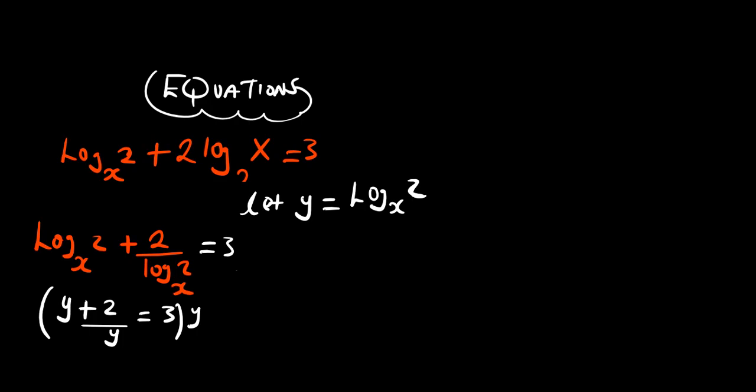Okay, so when I multiply by y throughout, y multiplied by y, I'm going to have y squared. Then when the y multiplies with 2 over y, the y's are going to cancel. I'm just going to have a plus 2 is equal to, then y multiplied by 3, I'm going to have a 3y.